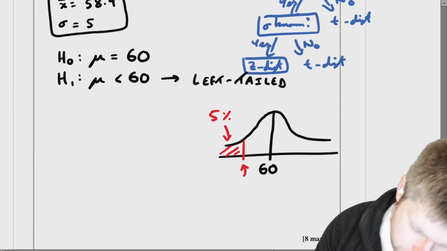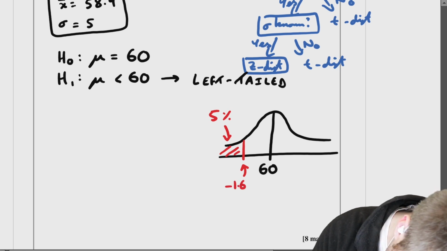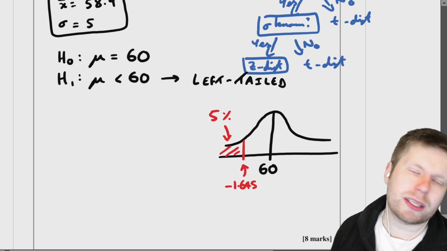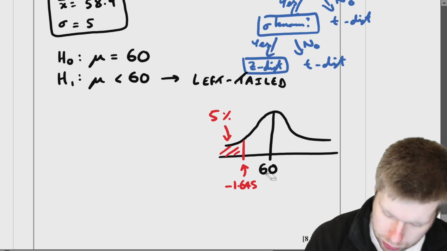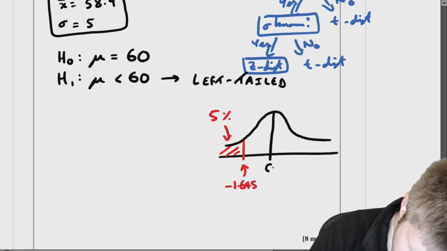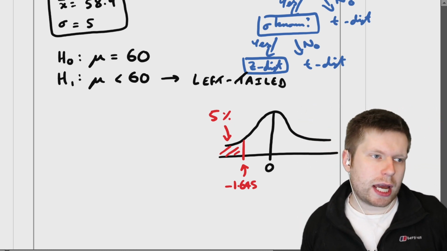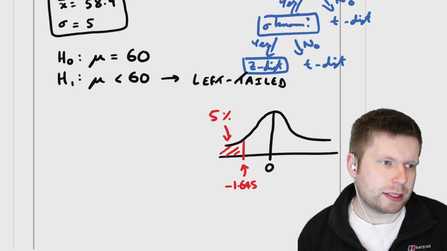So in other words, negative 1.645 is my critical value. Anything below 1.645 units of standard deviation from the mean, where I convert that back to 0 to say that that's where my hypothesized mean is, is going to be a suggestion that there's not enough evidence to suggest that the null hypothesis is correct.